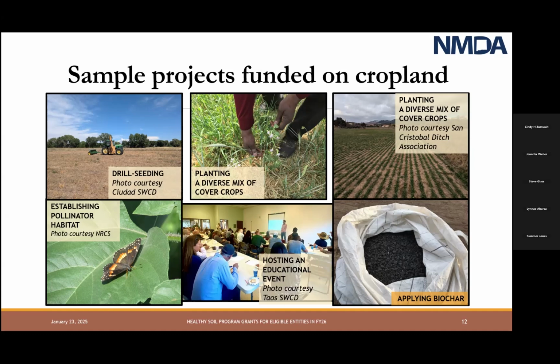But also, as eligible entities, you can host an educational event. And so you can host educational events as long as your project also includes an on the ground component. You could apply biochar to cropland and biochar compost. Other soil amendments on cropland will be considered for funding as an eligible entity project. Next slide, please.